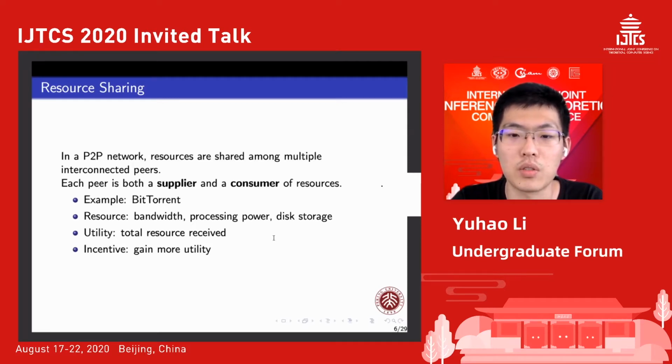Each peer is both a supplier and a consumer of resources, in contrast to the traditional client-server model. The great example is BitTorrent. The resource here can be bandwidth, processing power, disk storage, etc. The utility is the total resource received, and the incentive is to gain more utility. All of us want to download a file as soon as possible, right?